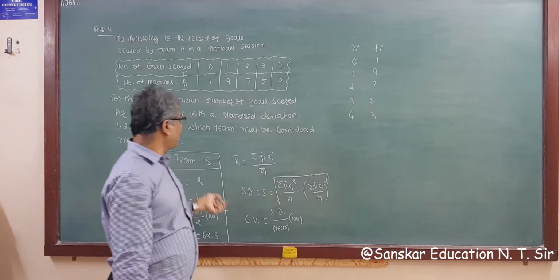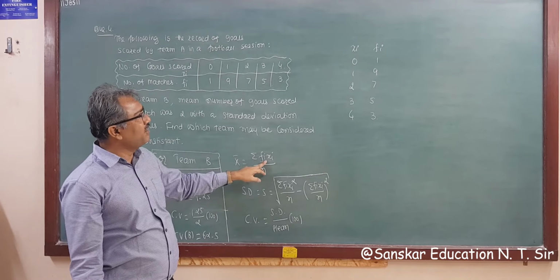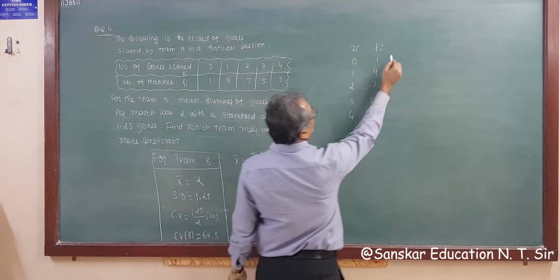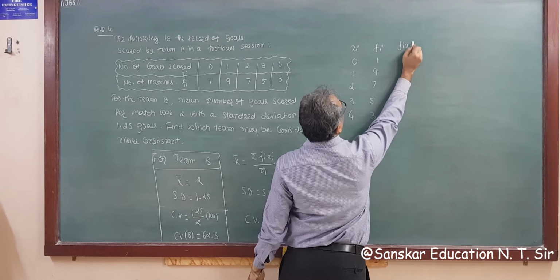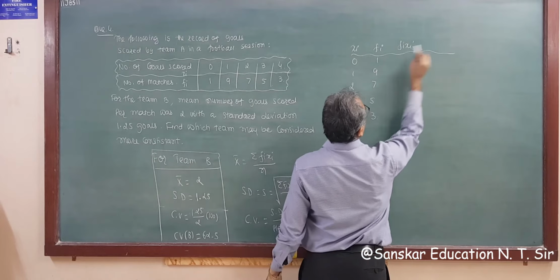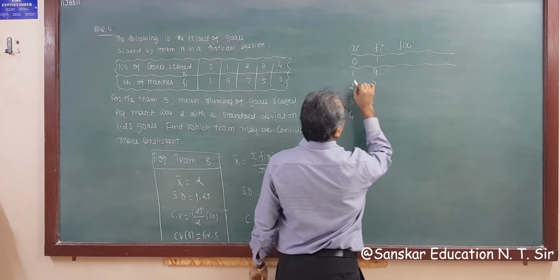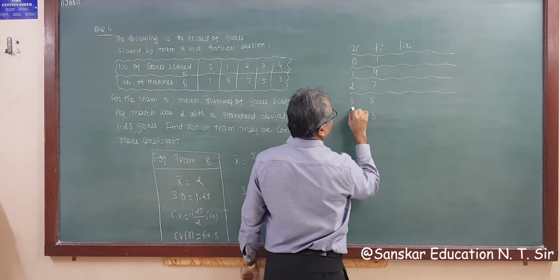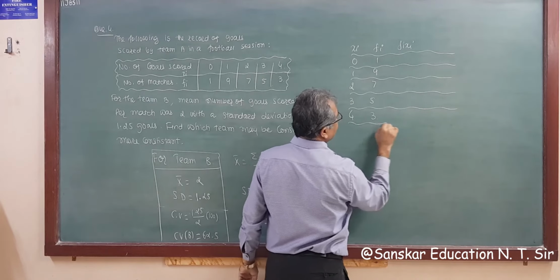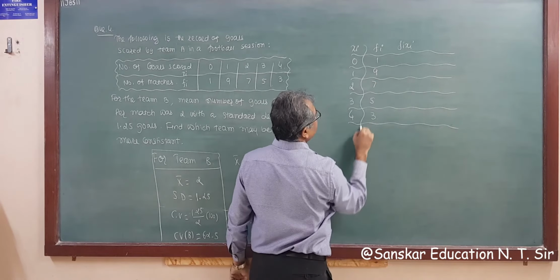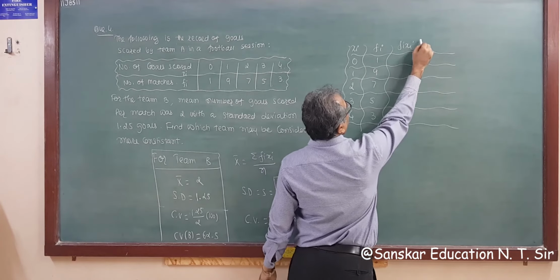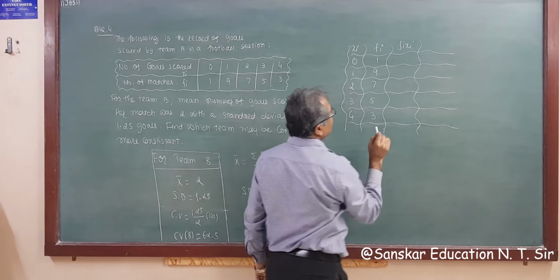For mean we require sigma fi into xi. So first of all fi into xi. I am drawing this line and you may multiply fi and xi and write down your answer.